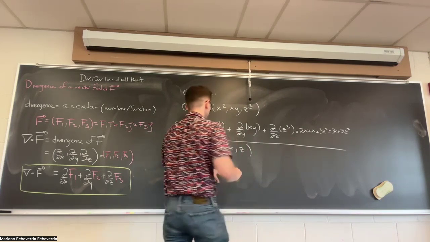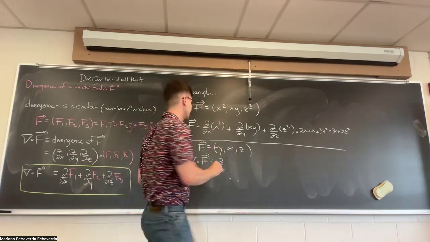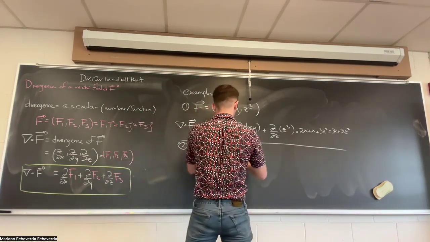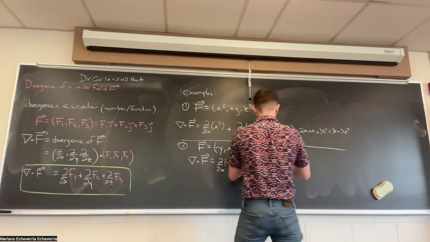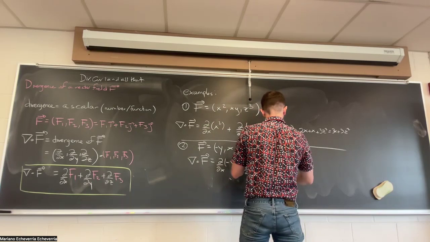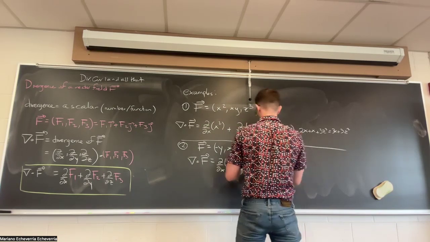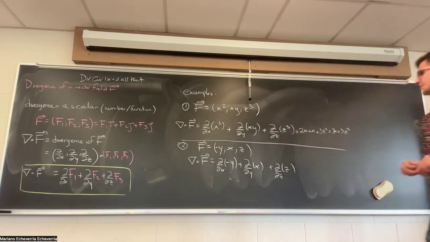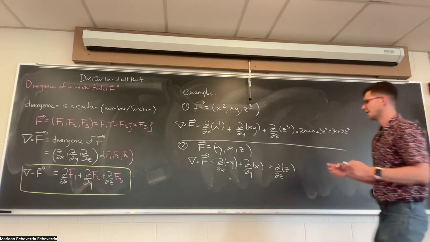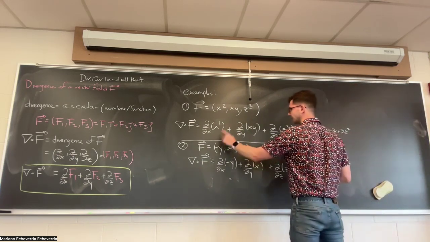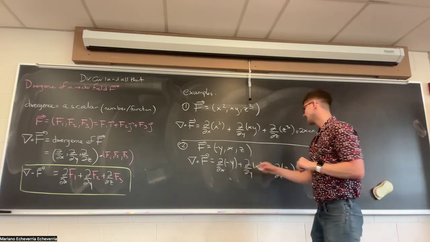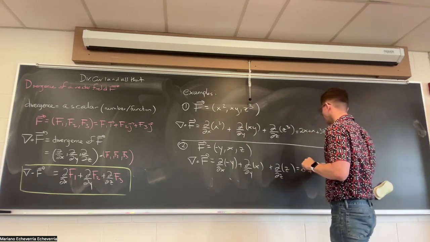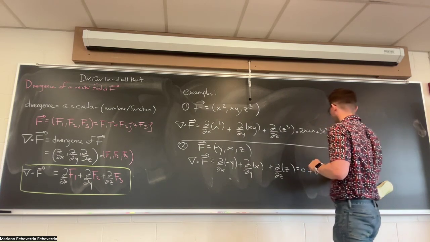You take the derivative with respect to x of the first entry, the derivative with respect to y of the second entry, and the derivative with respect to z of the third entry. And then you add up all of those together. So again, it's always alphabetical in terms of the derivatives. First entry with x, second entry with y, third entry with z. And so here you get 0 plus 0 plus 1, and then you get 1.